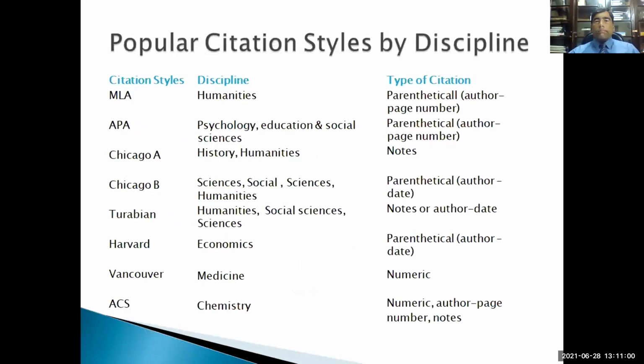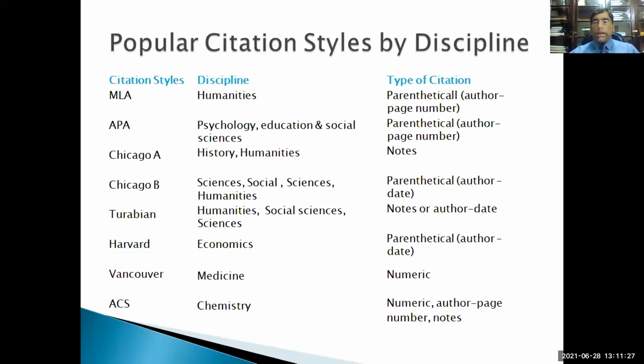So these are some popular citation styles that are followed by discipline. MLA is used in humanities, APA in psychology, education, and social sciences. Similarly, Chicago is also used in history and humanities, social sciences, Harvard basically in economics. Then you have Vancouver, and ACS is for chemistry.